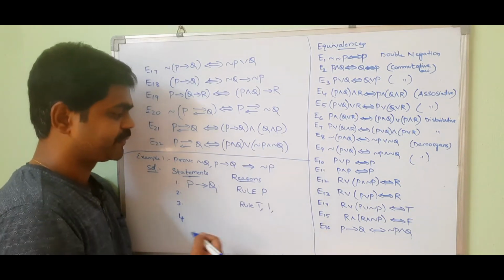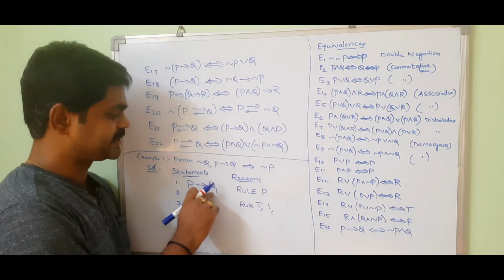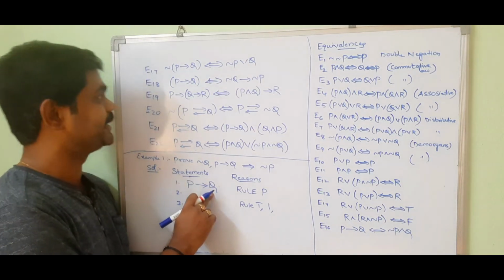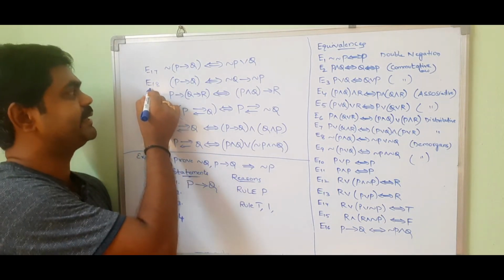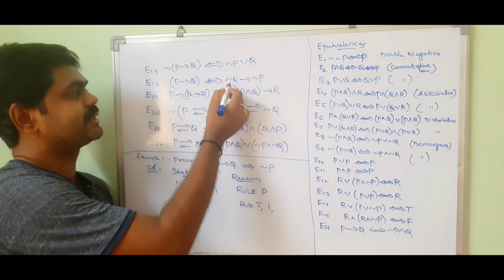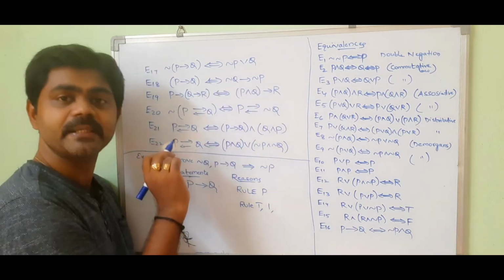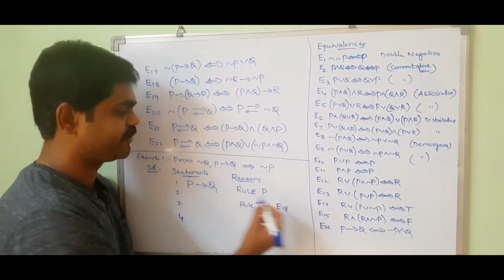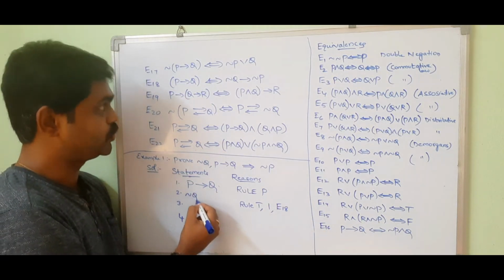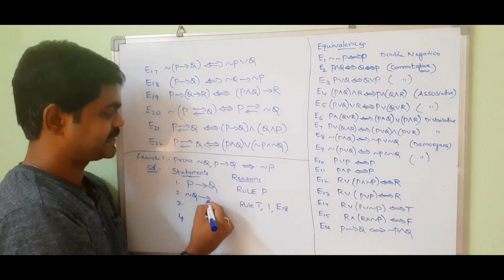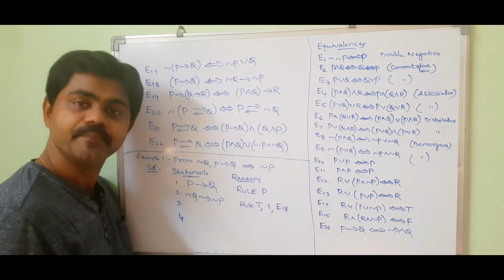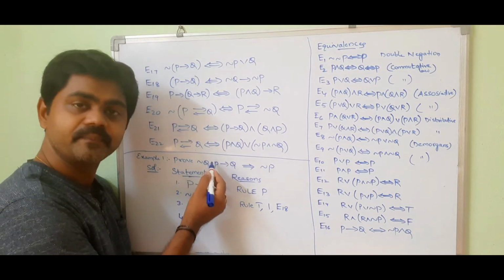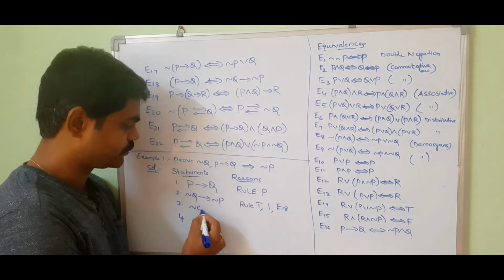So 1, comma, it is P implies Q and I will use E18, equivalence rule 18. Can you see E18? P implies Q is nothing but negation Q implies negation P. So what do we get? Negation Q implies negation P. Okay. Now I have negation Q here, so write negation Q.